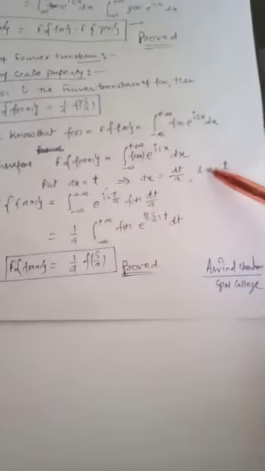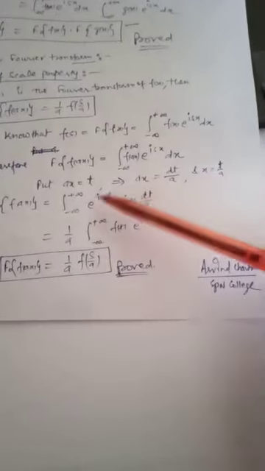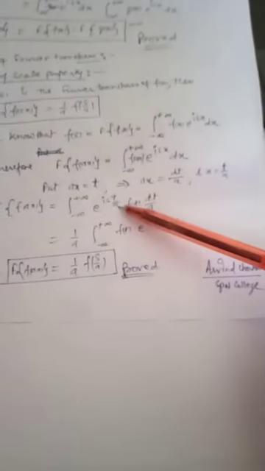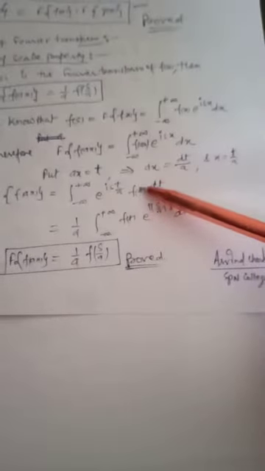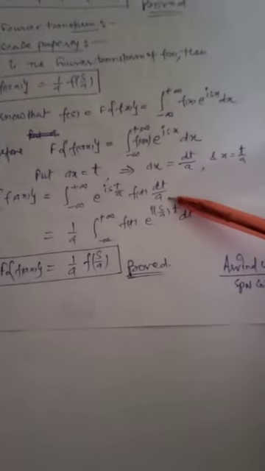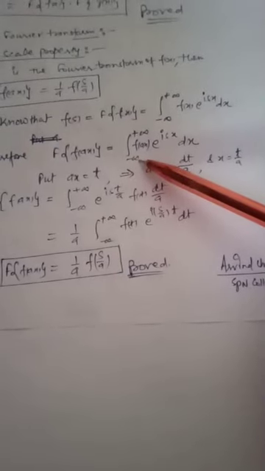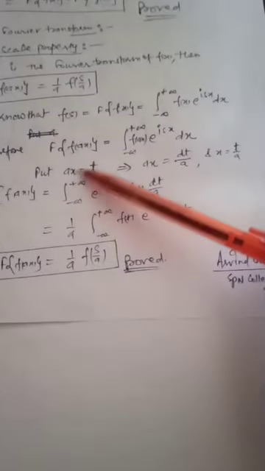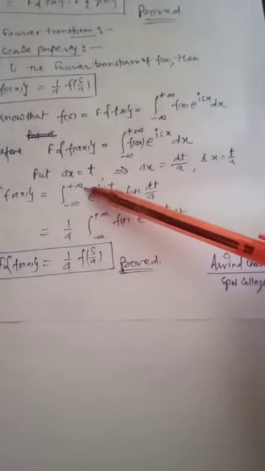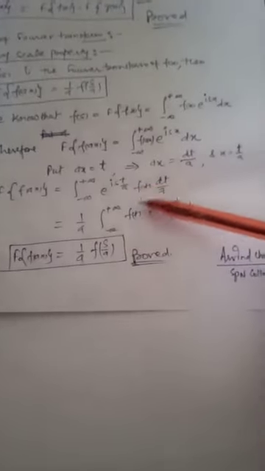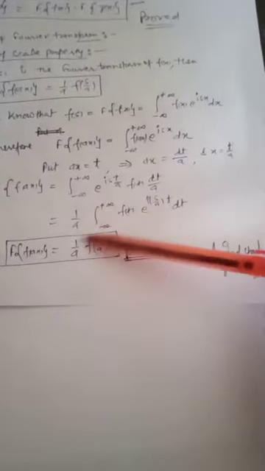From here x is equal to t by a, and f of ax is basically f of t, and dx is nothing but dt by a. If x is minus infinity, t is minus infinity. If x is plus infinity, then t is also plus infinity. Limits do not change.